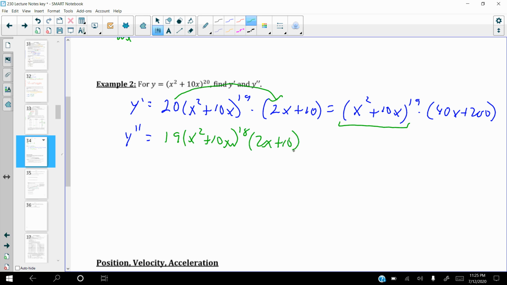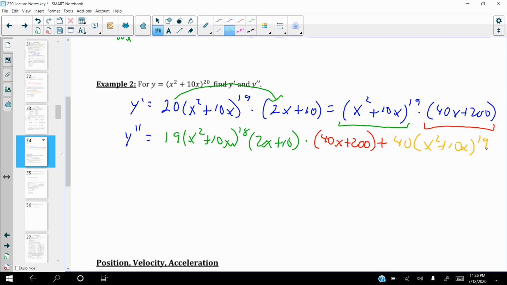That's the derivative of the first, times the second one, which is 40x plus 200, plus the derivative of the second one. That's much easier. The derivative of 40x plus 200 is just 40, times the first one, which is x squared plus 10x to the 19th power. Again, we're not going to simplify that one any further. We don't need to. It just said to find the second derivative, and we have done that.